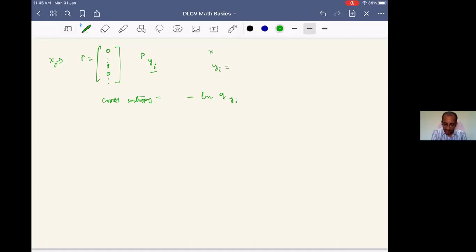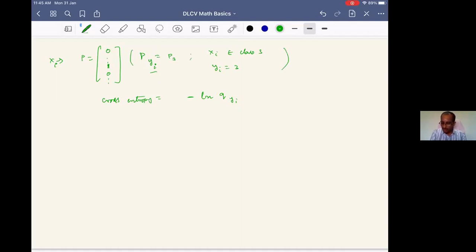If xi belongs to class 3, yi equals 3, so at the third index it is 1. Or if xi belongs to class 5, yi equals 5. That's how we are defining it. So Q of yi is the corresponding Q3. That means yi equal to 3 gives P of yi equal to P3. This is the understanding of this index.